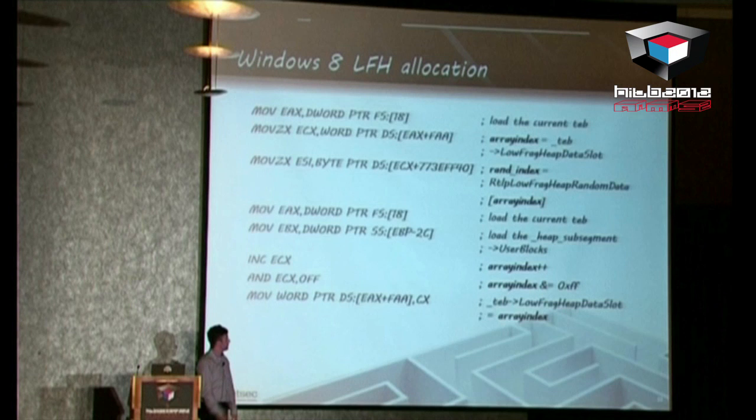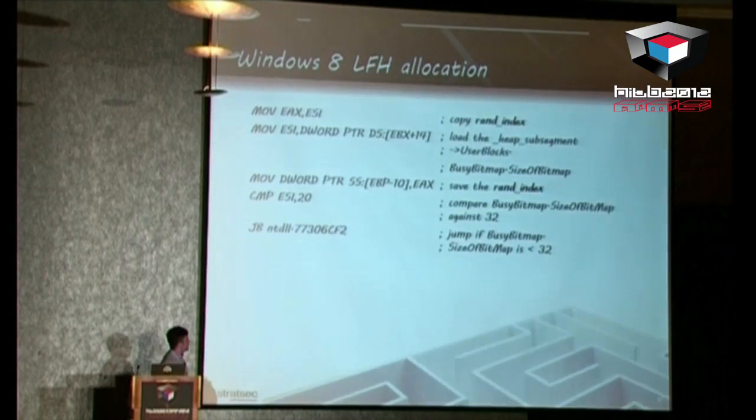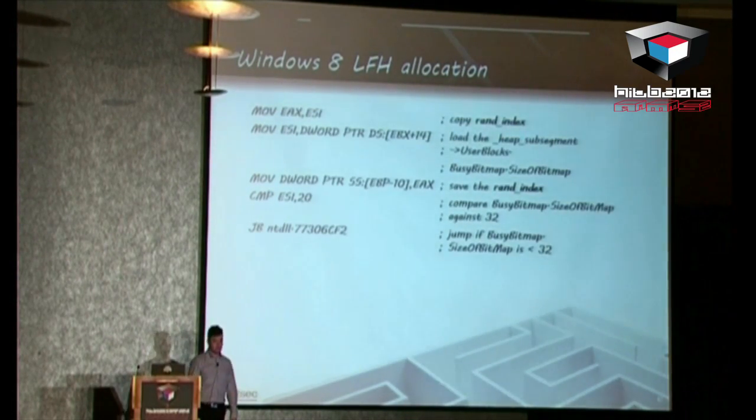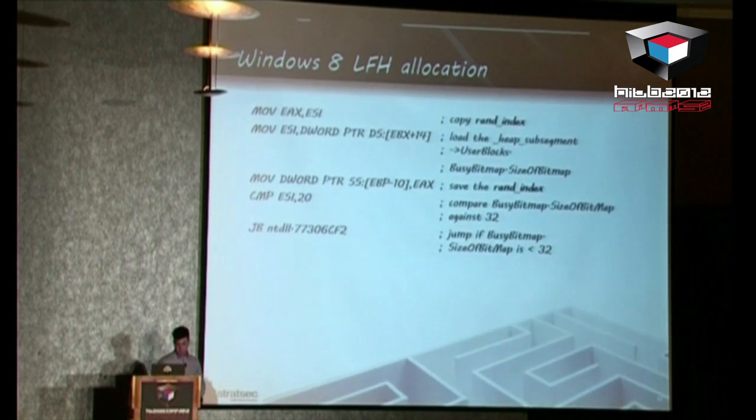Once that is obtained, the index is incremented and written back into the heap data slot. We continue along, and what actually happens here is a comparison on the size of the bitmap to see if it's smaller than 32, so we've got some chunks available that we can allocate from at this point forward.